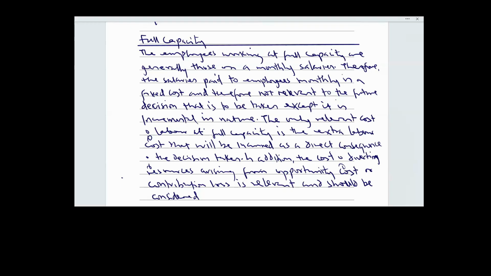Or we can also say any cost that the company will incur as a result of diverting resources, including the opportunity cost or contribution loss that will arise from taking that particular action, then that cost is relevant and should be considered. So that's what we are saying here.